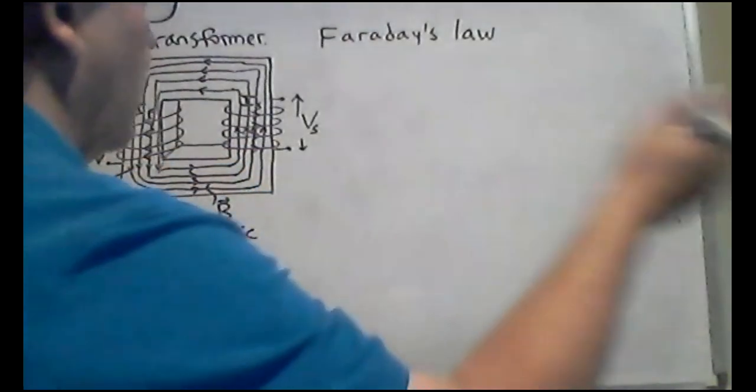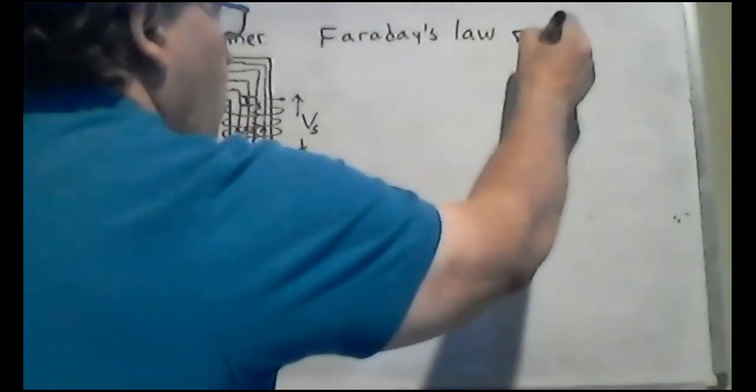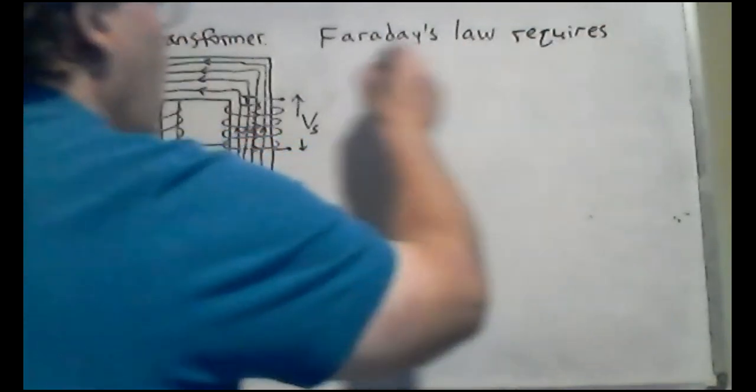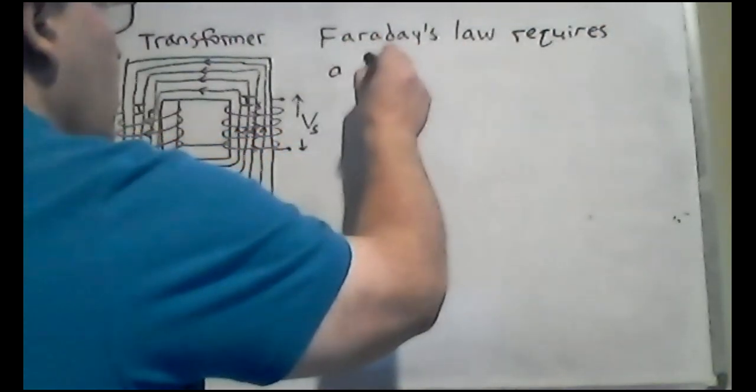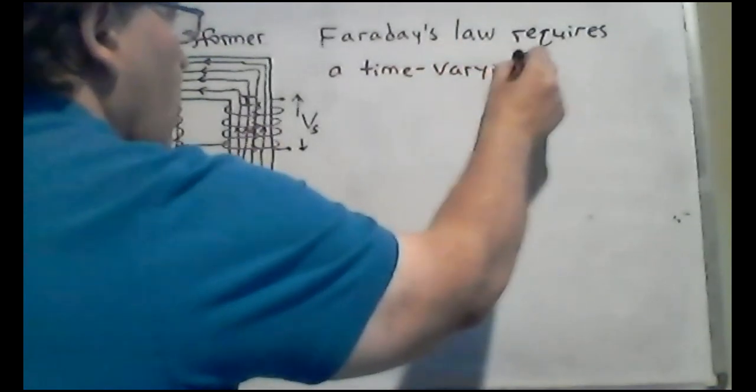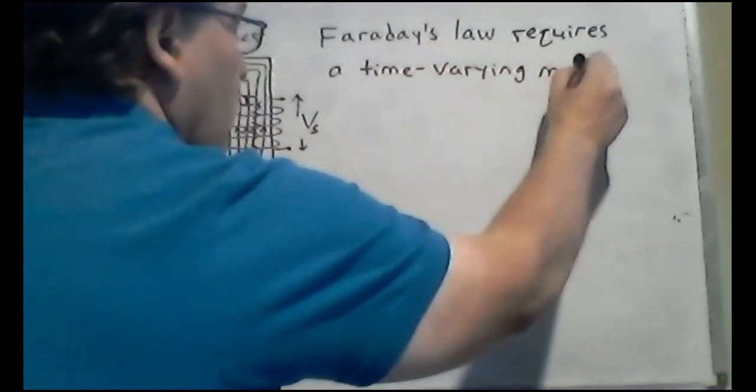Now we finally talk about Faraday's law. Faraday's law requires a time varying magnetic flux.